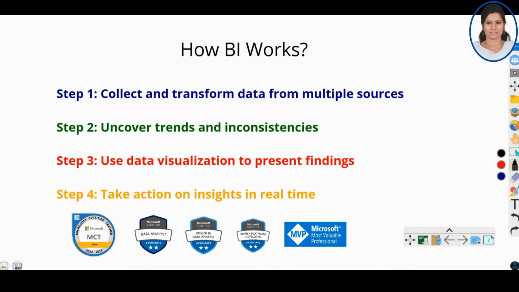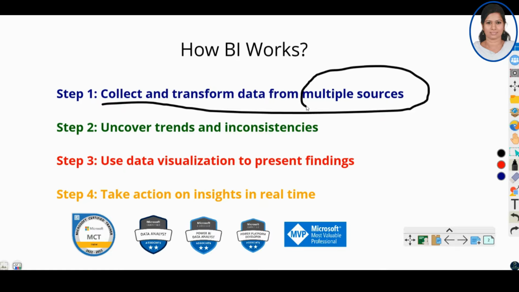Of course, the data coming to you will not be perfect data, so you have to transform it and make the data in such a way that it is easy for you to visualize. So the first step is to collect and transform data from multiple data sources.